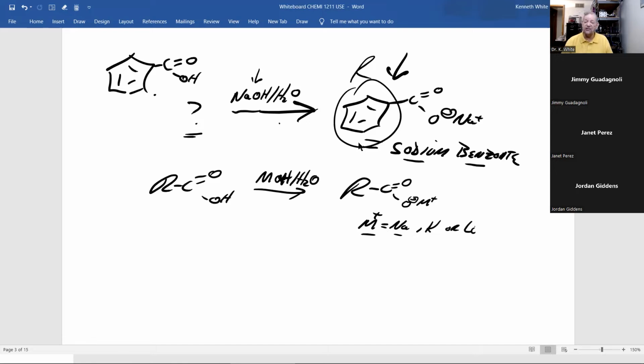And this is a preservative put into pop so it doesn't go bad, whatever go bad means. And how does it work? I have no idea. I'm an organic chemist. I don't know how that preserves things, but it does.